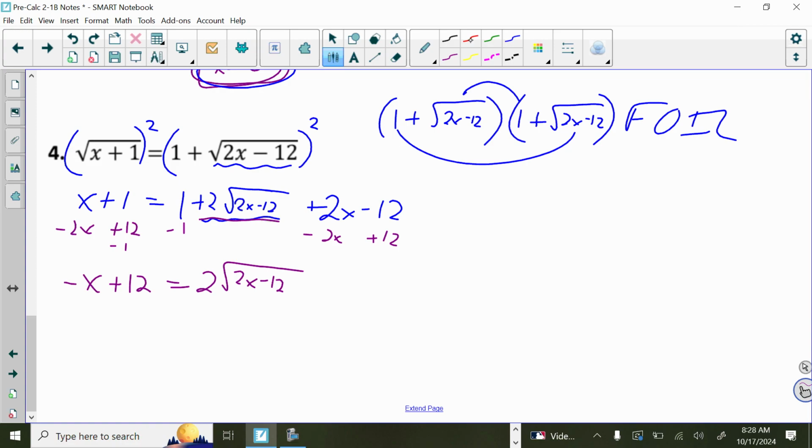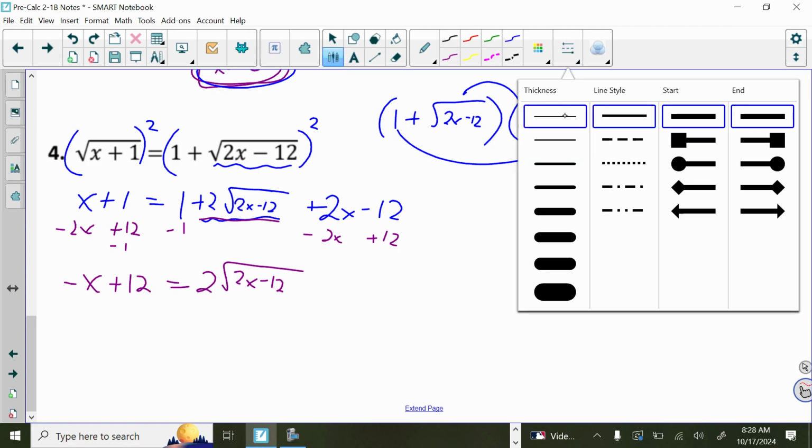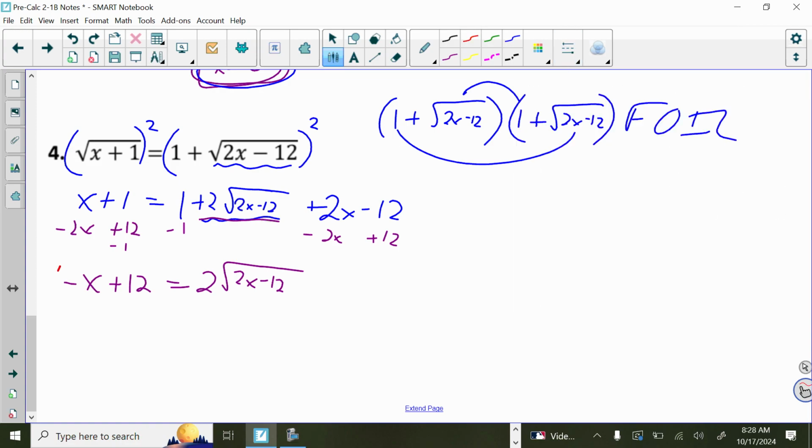Now I can go ahead and square both sides, because I've got the radical isolated. But it gets a little tricky here because, yes, I've got to square all that. And this, again, becomes another FOIL situation where I have to square this whole thing. So I end up getting x squared minus 24x plus 144.